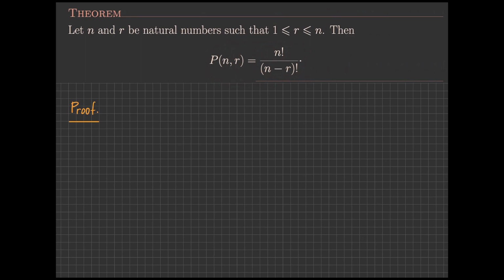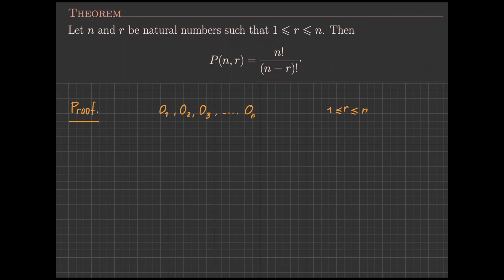Okay, so you have n distinct objects. Let me call them object number 1, object number 2, object number 3, up to object number n. And r is a natural number from 1 up to n. I want to choose r of these n objects and arrange them in a row in a way that order matters.